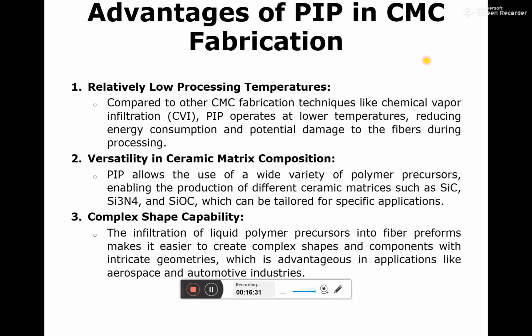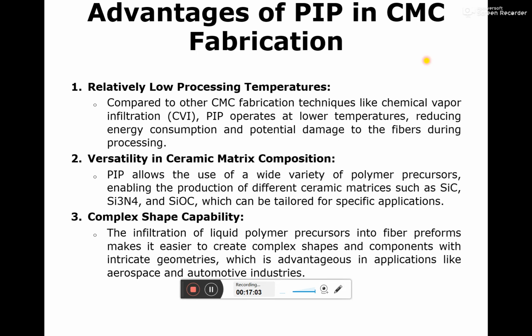That is the advantage, because whenever you use a lower temperature, the consumption of energy will be less. Also, if you use a very high temperature, it may damage the fibers. Such things you can avoid if you are using the PIP process, because compared with chemical vapor infiltration, here we use low processing temperatures.